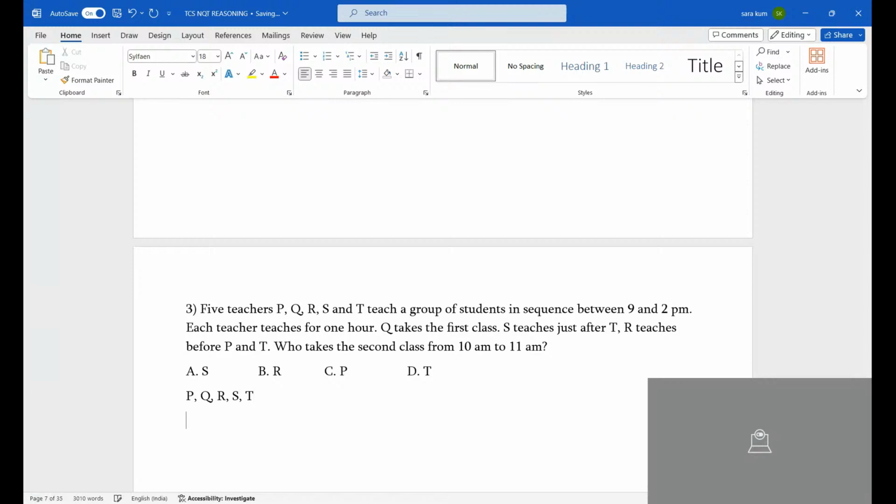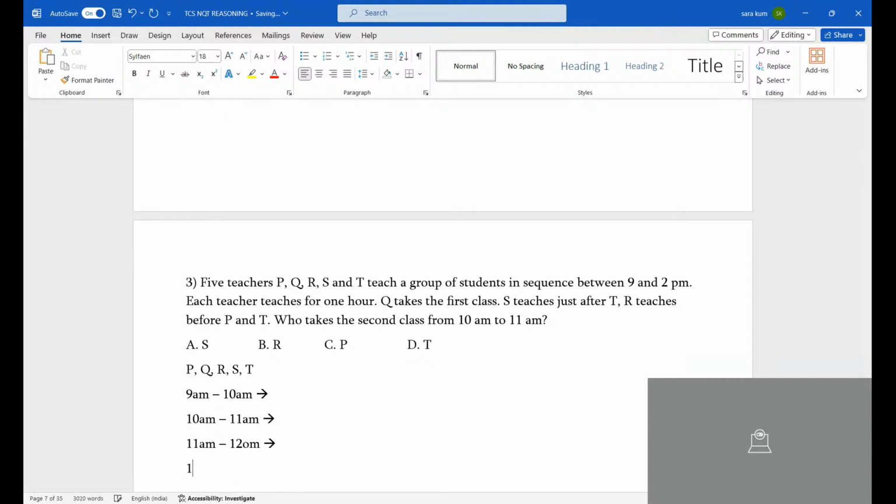And they all have classes, but the class slots are booked like this. 9 a.m. to 10 a.m. will be the first slot, and 10 a.m. to 11 a.m. will be the next slot, and 11 a.m. to 12 p.m. will be the next slot, and 12 p.m. to 1 p.m. will be the next slot.